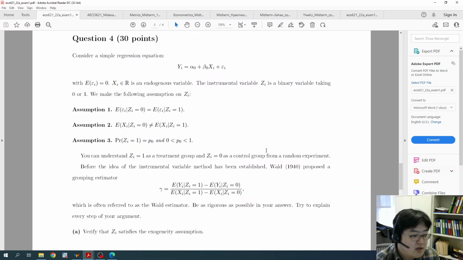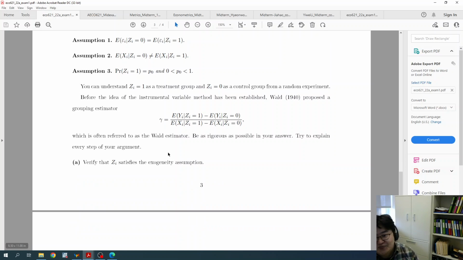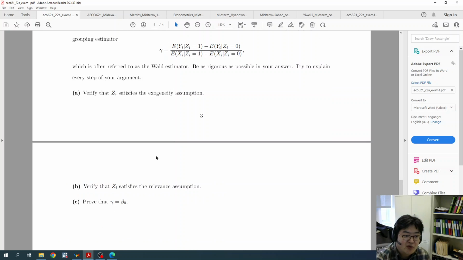It uses only introductory statistics, such as the law of iterated expectations, and just simple algebra and showing exogeneity and relevance conditions, which I think is pretty straightforward. But I was kind of shocked. It makes no sense in terms of notation. So think more carefully when you write down what you are saying.